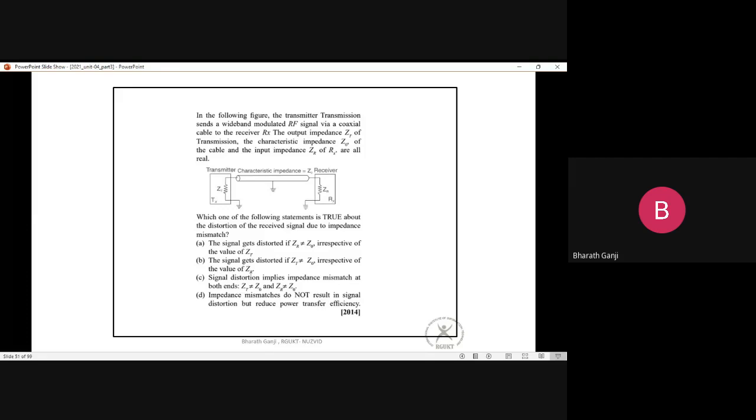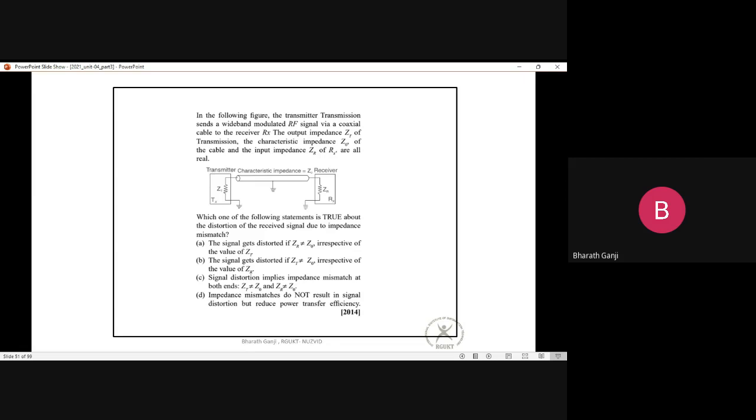So in the following, we'll go to the next one, the 2014 question. In the following figure, the transmission line sends a wideband modulated RF signal via coaxial line to the receiver. The output impedance ZT of the transmission line, the characteristic impedance Z0 of the cable and the input impedance ZR of the receiver are all real numbers.